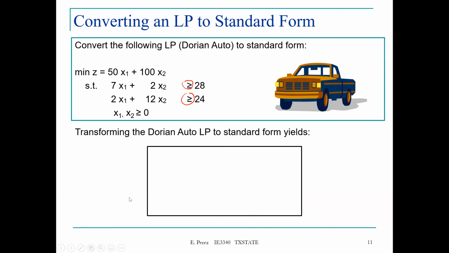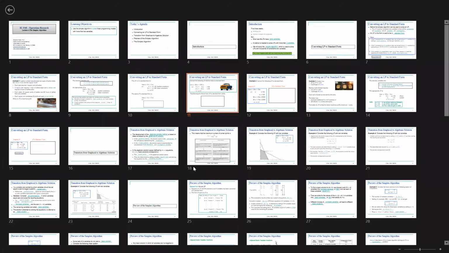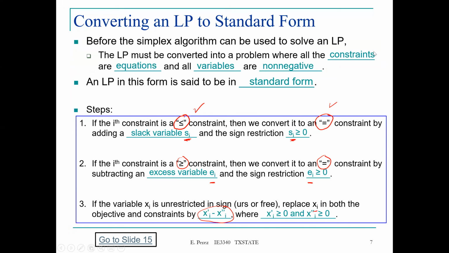So if we go back to the instructions here, when that's the case, we are going to convert those inequalities into equalities by subtracting an excess variable and adding the sign restriction ei greater or equal to 0. So let's do that.